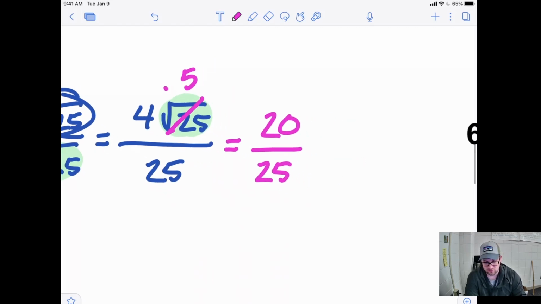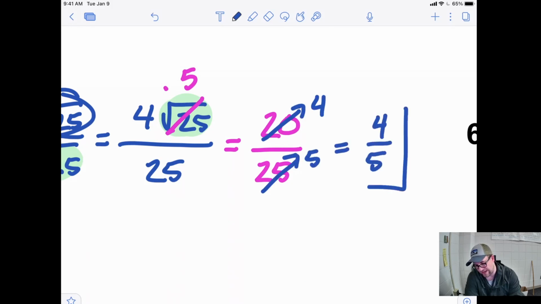Now, 20 over 25 is a fraction, and we always reduce fractions. So 5 goes into 20 4 times, and 5 goes into 25 5 times. So we can make this into 4 over 5, which is the absolute best answer we can get.